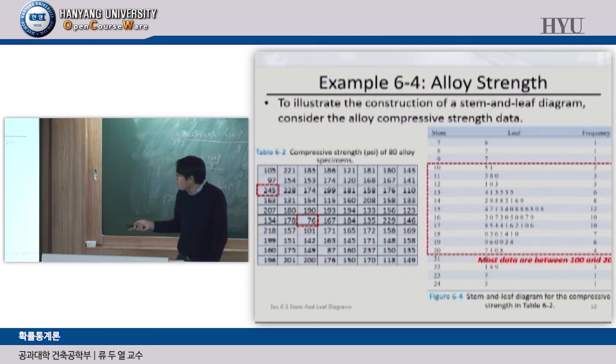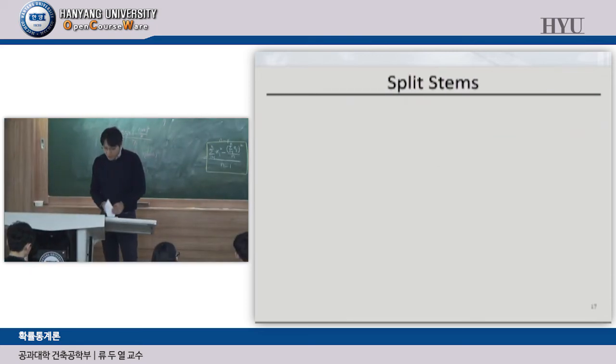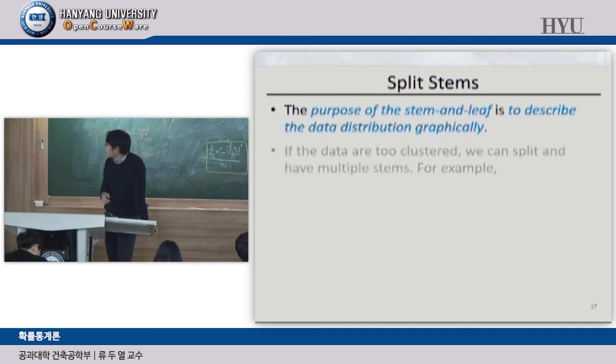From this stem and leaf diagram, we can easily conclude the range in which most of the data are included. Now we are going to discuss split stems. The purpose of the stem and leaf diagram is to describe the data distribution graphically, or visually.